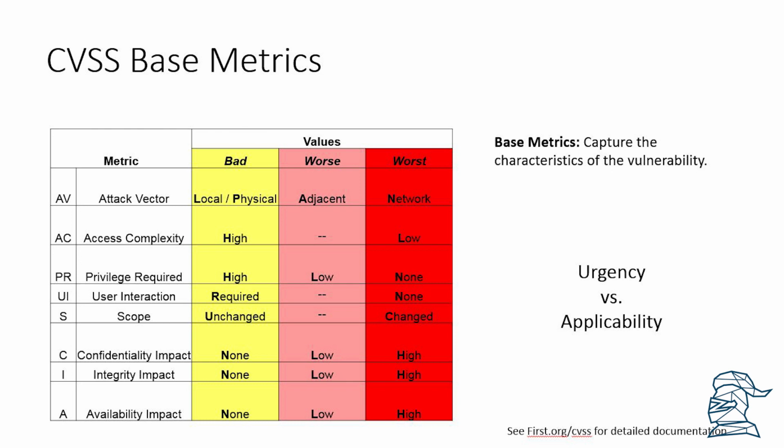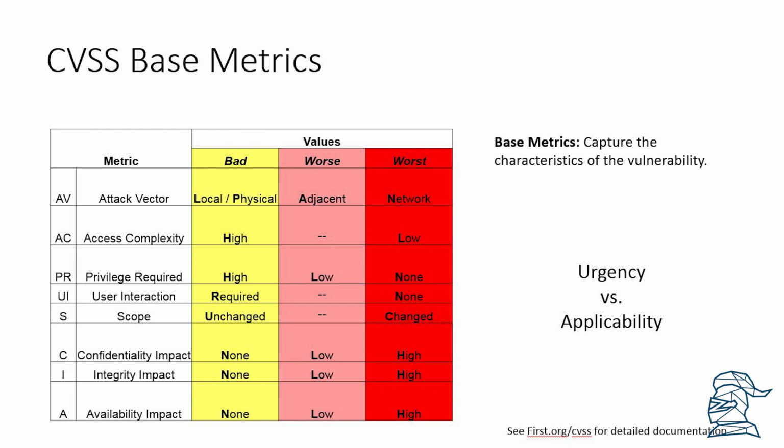As we're looking at things like the attack vector, whether the attacker needs to be local or have access to the physical machine is bad enough. But if they could get to your system from an adjacent network, meaning the same subnet, or from any network, that's a lot worse. For the access complexity, if it's a very complicated attack, that would be listed as high.